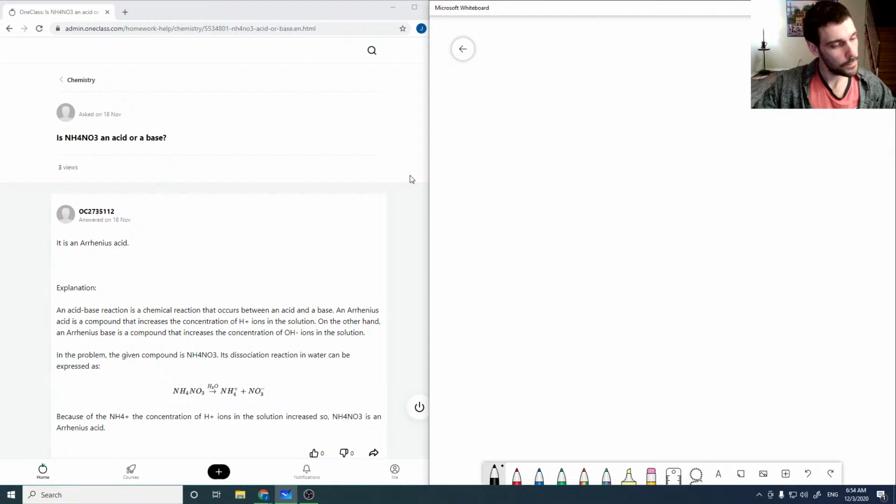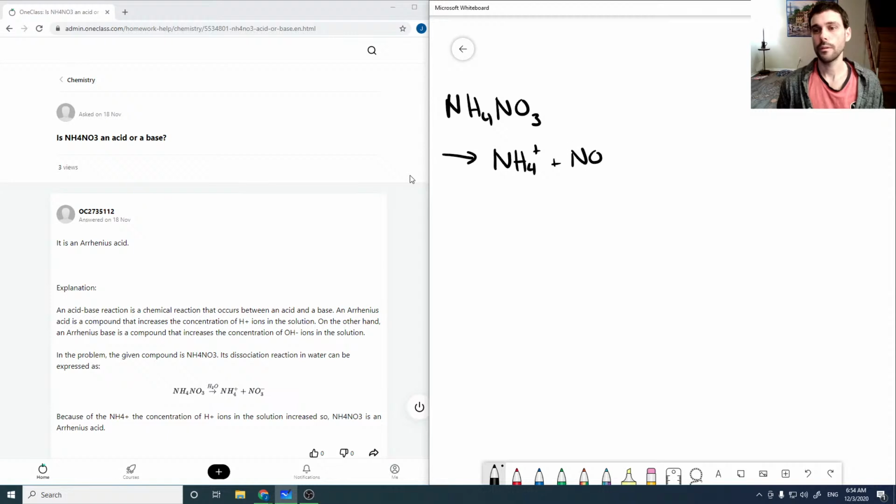Okay, all right, so now we've got a salt, NH4NO3, and this is going to dissociate in solution into NH4 plus and NO3 minus. To determine whether a salt is an acid or a base, there are some rules, but mostly I'm going to show these rules as I go through.